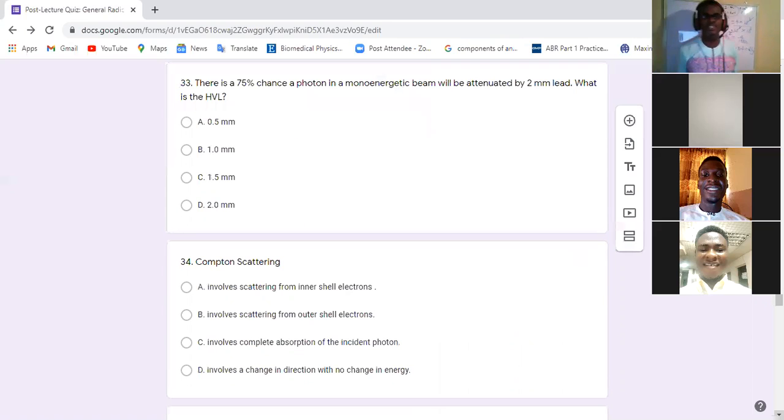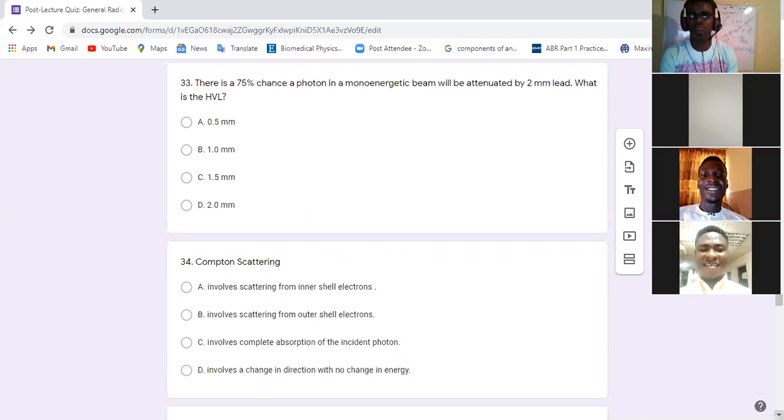There's a 75% chance of a photon in a monoenergetic beam being attenuated by 2 millimeters length. What is the HVL? I think B, sir.